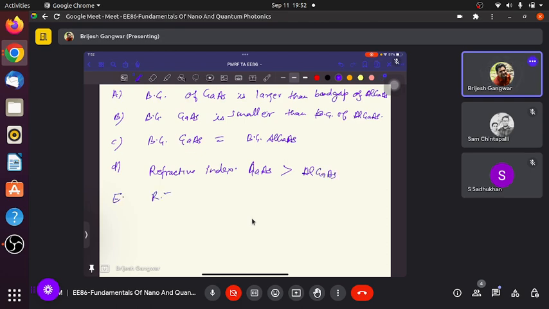E is refractive index of gallium arsenide is less than aluminum gallium arsenide. F is refractive index is equivalent.